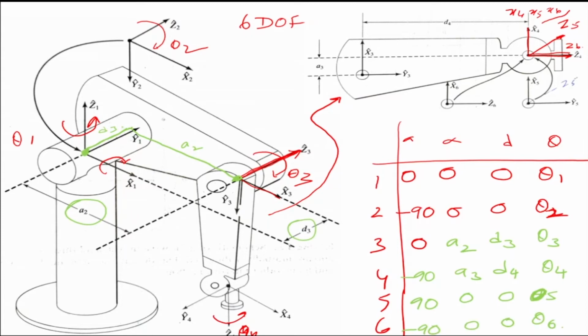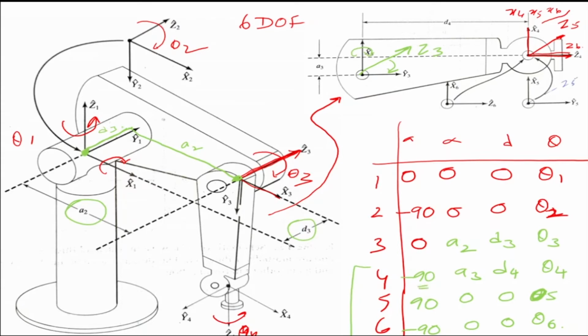So please note the motion of the z-axis, especially at the wrist, which is here. Your Z3 rotates by 90 degrees clockwise about the x-axis and becomes Z4, so there is a minus 90 here.